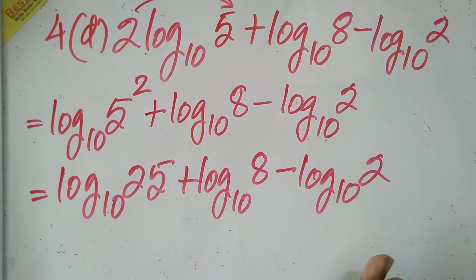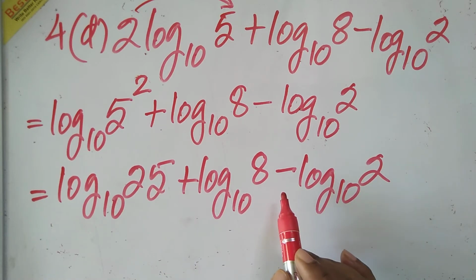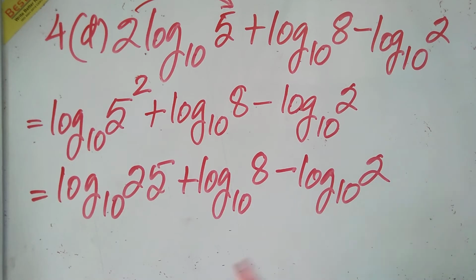You will understand it much better if you remember those fundamental laws of logarithm. Now here we'll be using those fundamental laws of logarithm, right? You remember that plus is used for the law of product, negative is used for the law of quotient or law of fraction or division. Okay, so we'll be using that law to solve the question further.